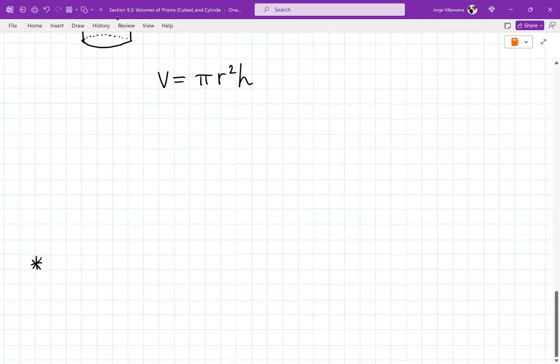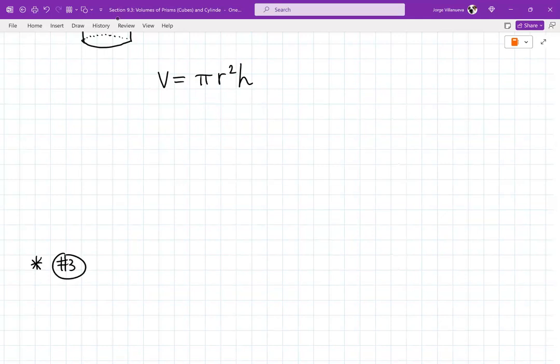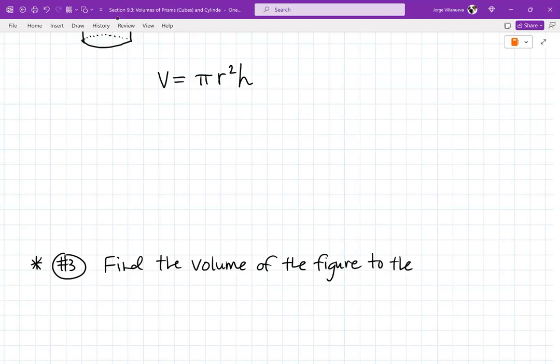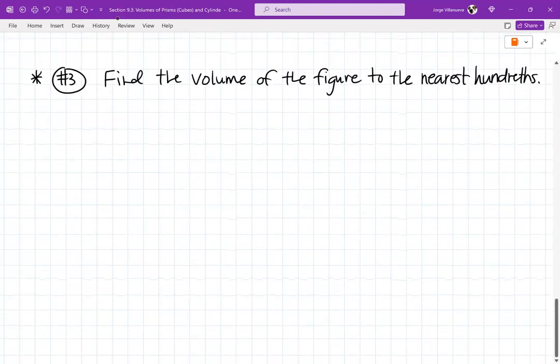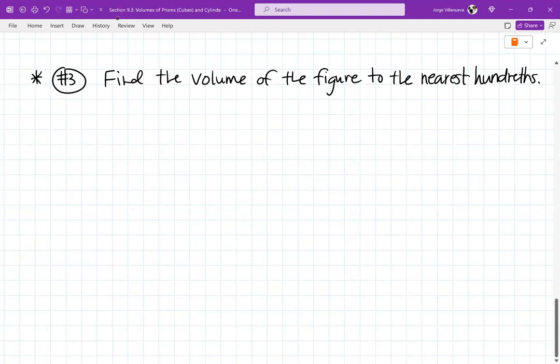Example 3: find the volume of the figure to the nearest hundredth. For this one, I'm going to need you guys, because I cannot do these types of problems without a calculator. So I'll depend on you guys to give me some information.